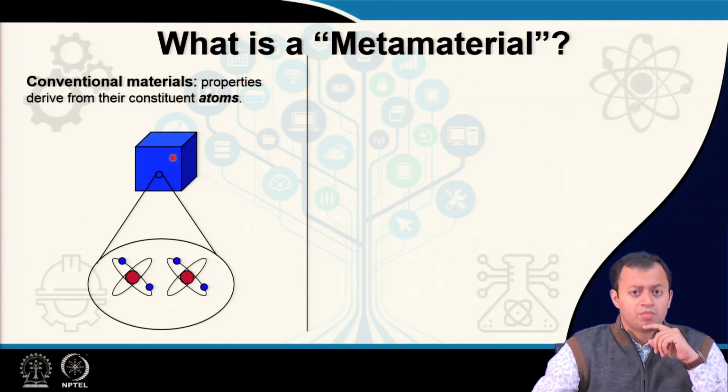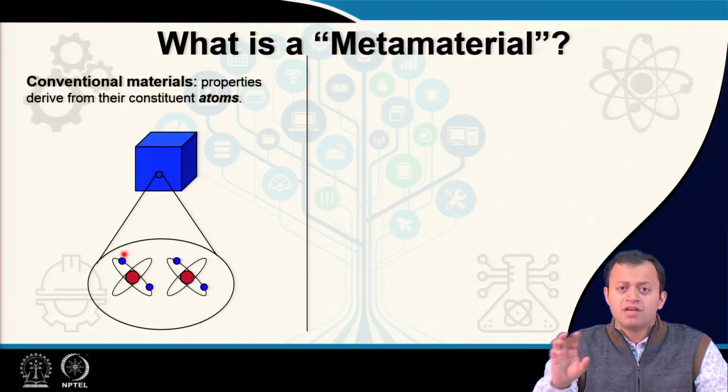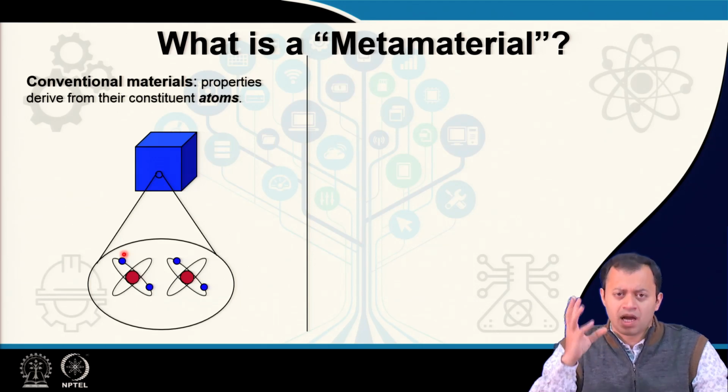This gentleman, Professor Pendry, Sir Pendry actually, he got knighted by the Queen, thought, what if we replace the atoms? What if we create artificial atoms? Well, artificial atoms from an optical point of view.